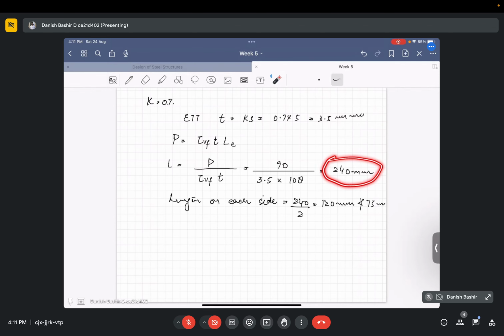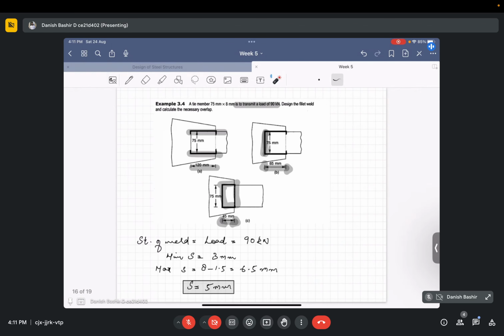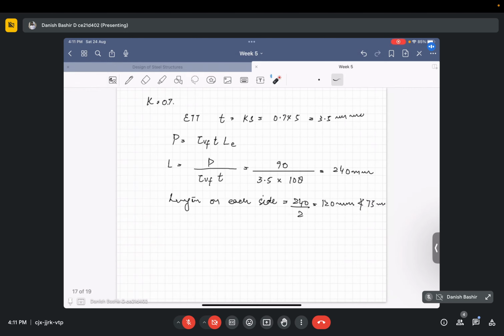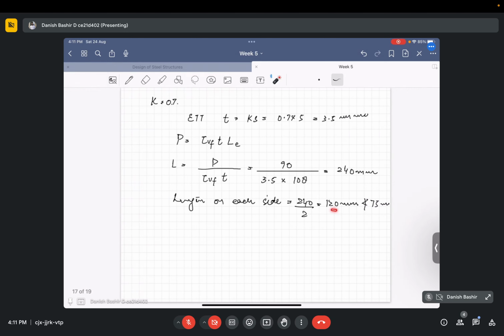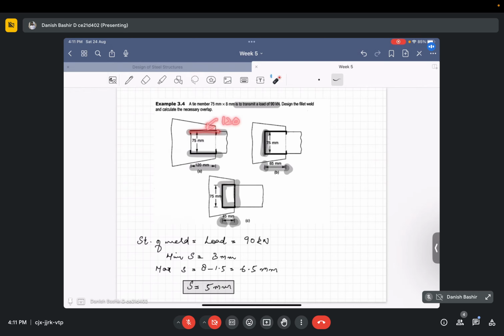In the first trial I take welds on both sides of the gusset plate. If I divide 240 into two halves, I get 120 mm. So for one individual weld on one side, the length has to be at least 120 mm, and the overlap has to be 120 mm. That is, this member should overlap at least 120 mm on the gusset plate.